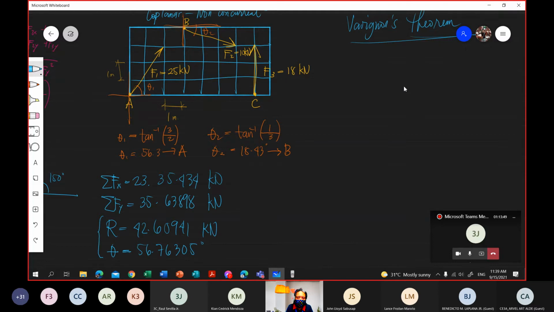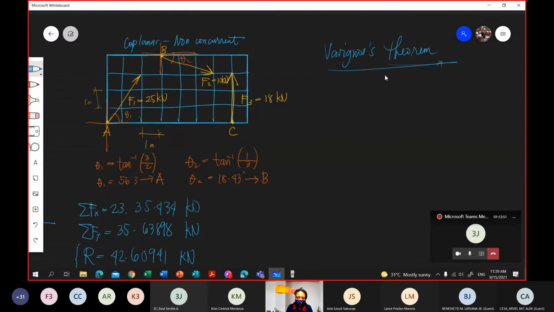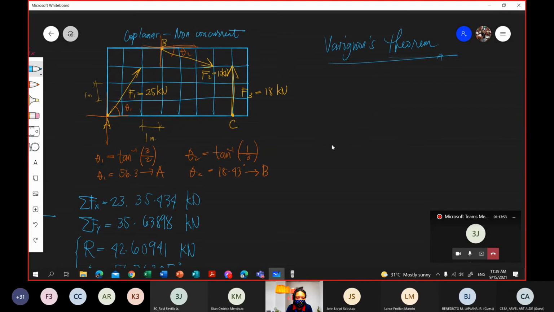The effect of the resultant is equal to the sum of the effect of its components, F1, F2, and F3. Or conversely, the effect of F1 is equal to the sum of the effects of F1x and F1y, its components.